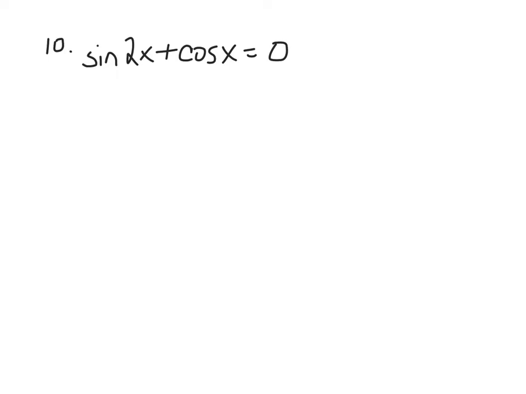Ideally we get it down into one of the trig functions. This one's set up pretty straightforward because we have an obvious one that we're going to play with on this first one. So sine of 2x, and we're going to substitute in what sine of 2x is, and so that's 2 times sine of x cosine of x.